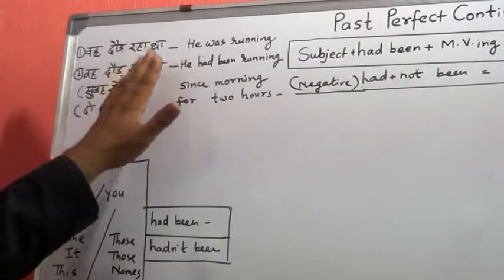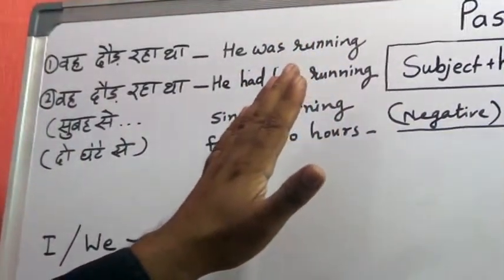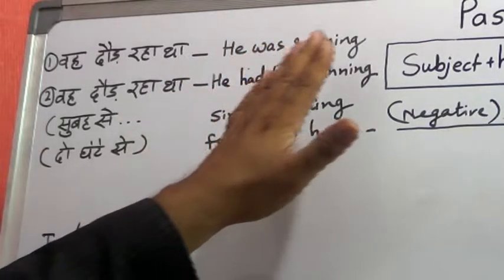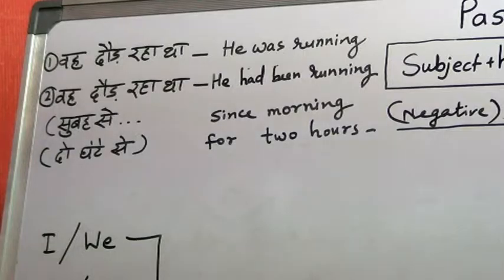वो दौड़ रहा था. He was running. So when we talk about he was running, this activity of running was in progress at some particular time in the past.